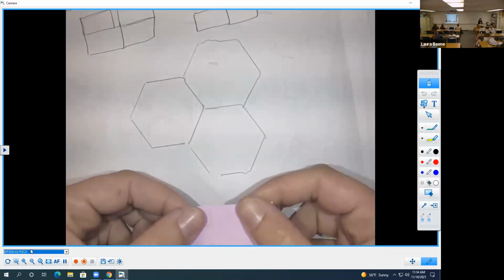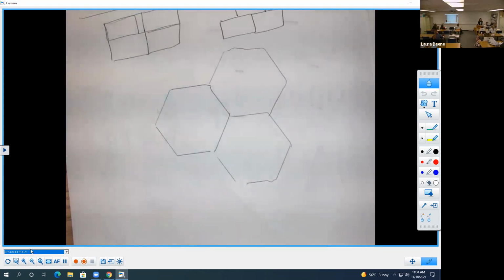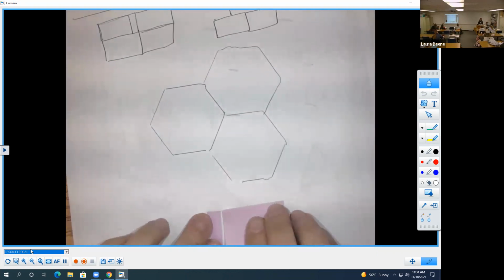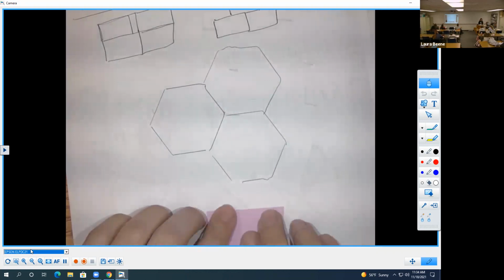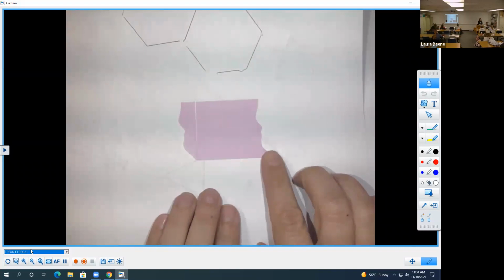But you could take this Post-it note and use your scissors and cut out some weird shape, whatever shape you wanted to, and put it on the other side. That would tessellate now, right?